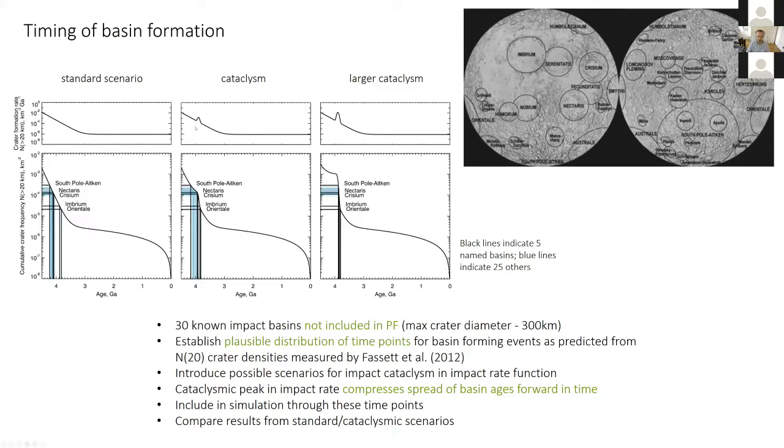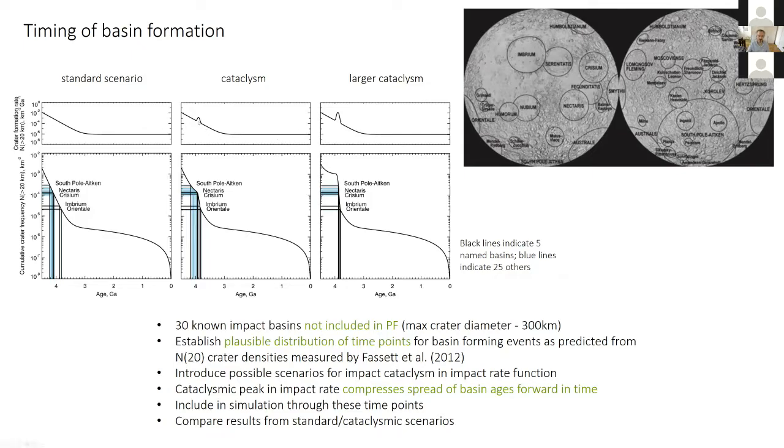We don't really know how the rate function might look behind the cataclysm peak, because if you have a cataclysm, that tends to hide any information that comes from before that time. But these are 2 possible scenarios for how the cataclysm might look.